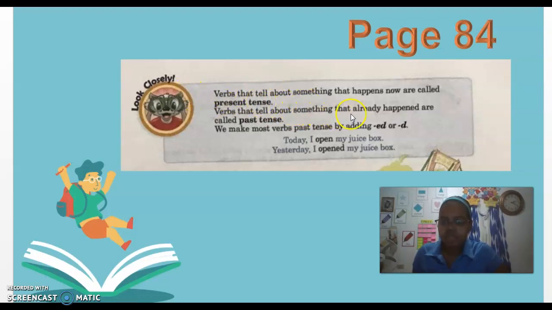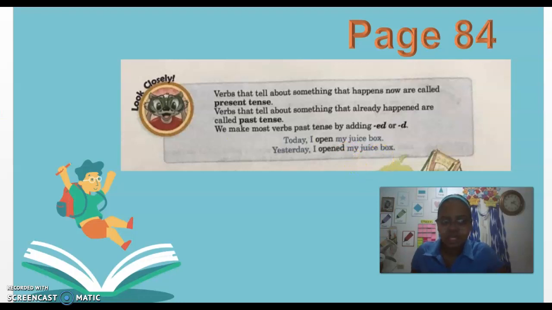Verbs that tell about something that already happened are called past tense. We make most verbs past tense by adding ed or d. For example, today I opened my juice bag, and yesterday I opened my juice bag.